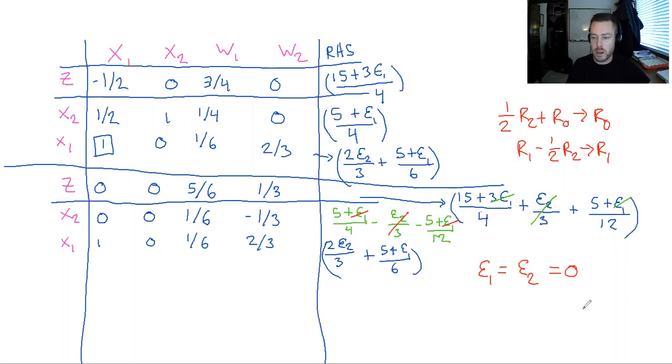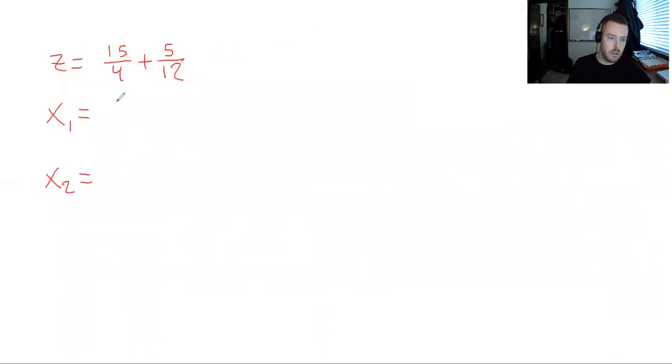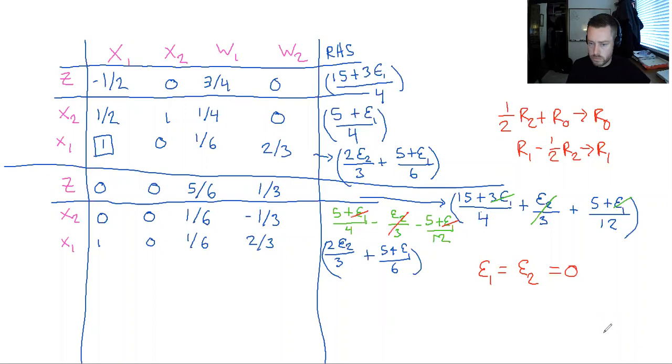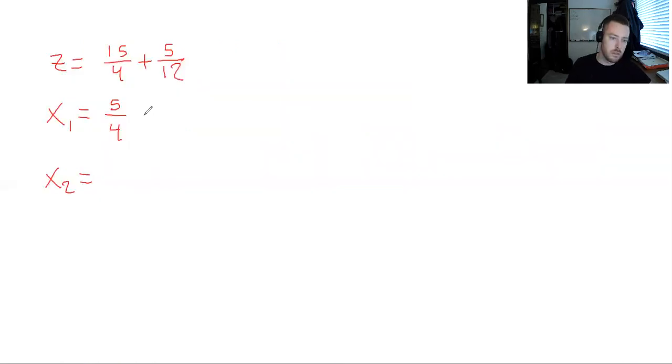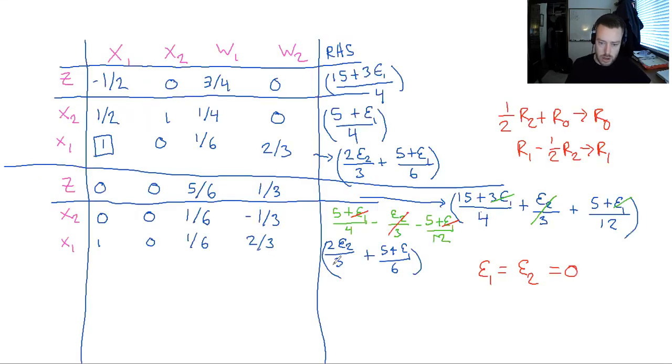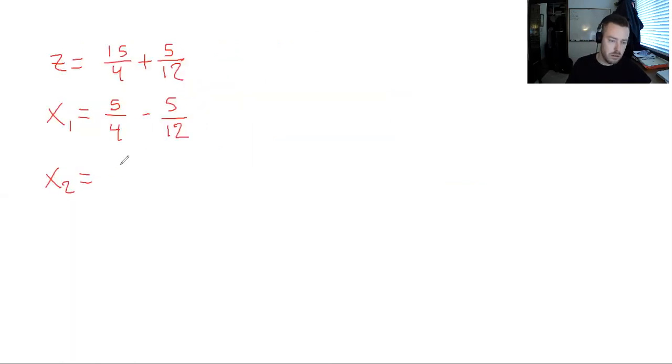So 5/4 minus 5/12. 5/4. Is that right? 5 over 4 minus 5/12. Next, x2. All right, this epsilon is going to go to 0. This is going to go to 0, leaving us x1 is just 5/6. Leaving us 5/6.